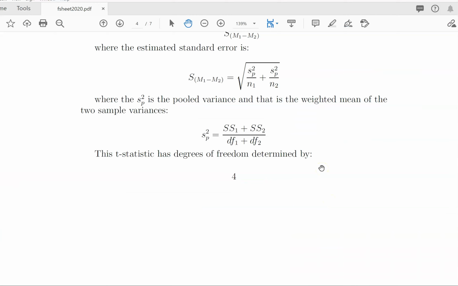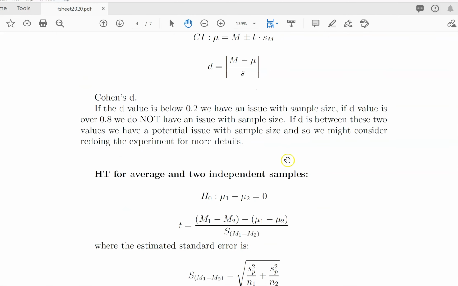What does that represent? Well, the great thing about a formula sheet is you have little notes to yourself. If the value is below 0.2, we have an issue with the sample size. If the D value is over 0.8, we don't have an issue with the sample size. And that's important. Cohen's D measures significance, not sample size.